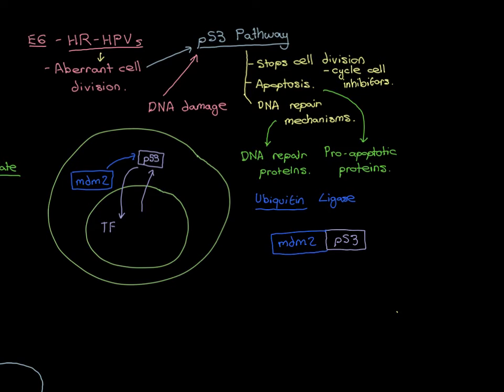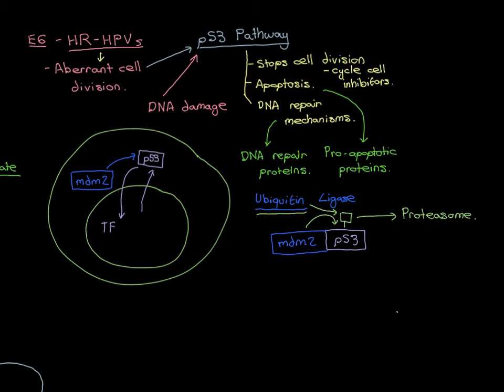So what you get is the MDM2 sticks ubiquitin molecules, and I'll show this as this square here. So this is representing the ubiquitin molecule. It sticks ubiquitin molecules onto the P53, and these are the things that then tell the proteasome to destroy this P53. This is effectively the label to be destroyed by a proteasome. Ubiquitin is the label to be destroyed by the proteasome.